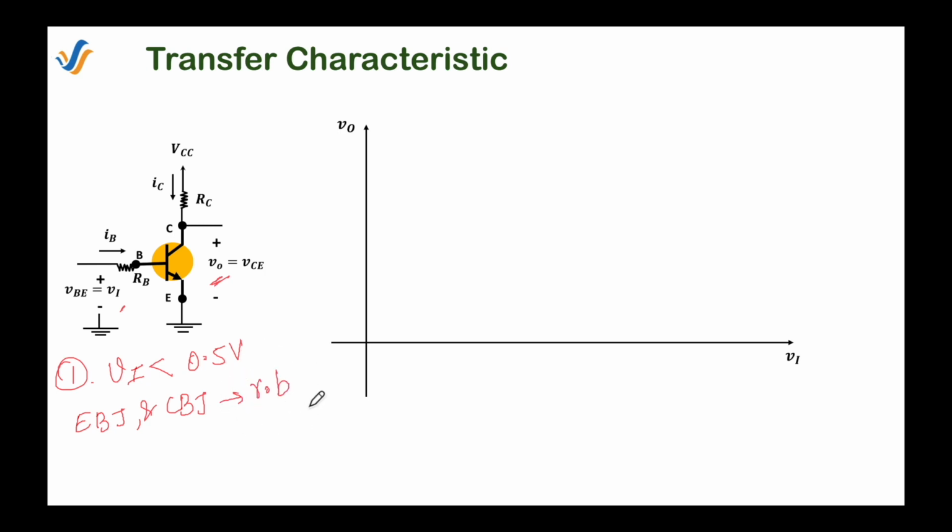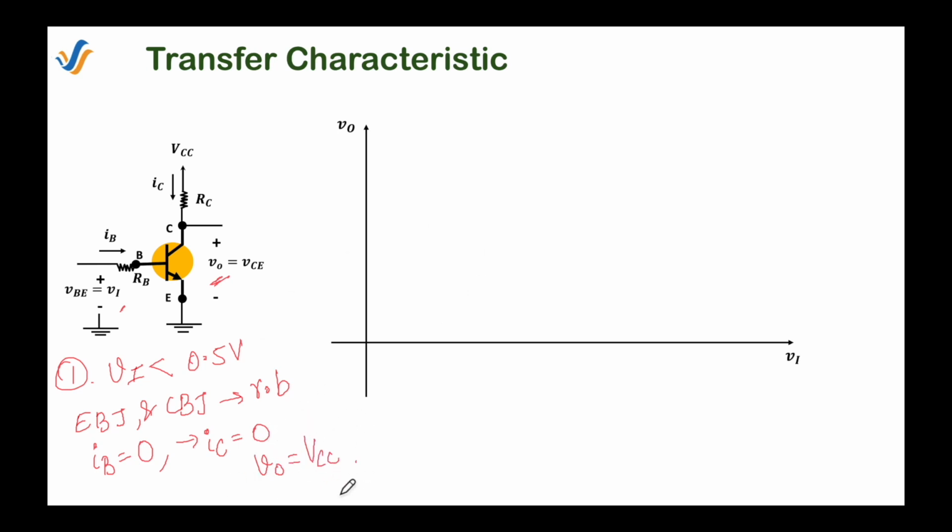Yes, reverse biased. And if the emitter base junction is reverse biased, what is the base current? It will be 0, and so the collector current, that is the output current, will also be 0. In this case the output voltage is equal to VCC.